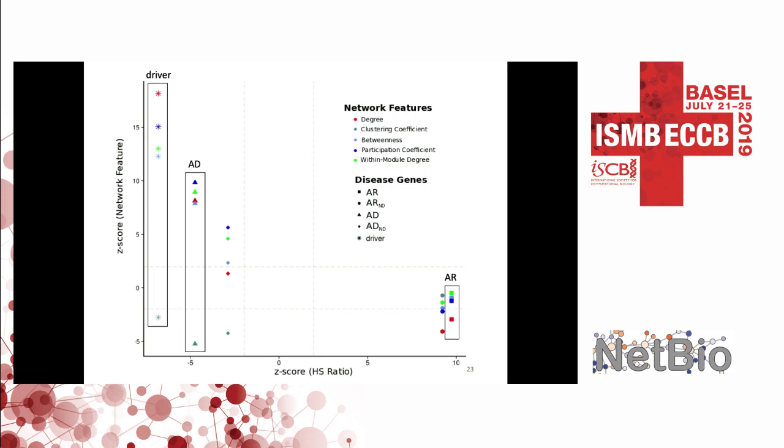And what we can see is that we obtain a separation between the different classes of disease genes. So on one side, we have the driver genes that have high centrality in the network in terms of local, global and also mesoscale network properties, and are quite sensitive to deleterious germline variants, while the Mendelian autosomal recessive genes do not show centrality based on the metrics that we use, and are also more tolerant to deleterious variation.